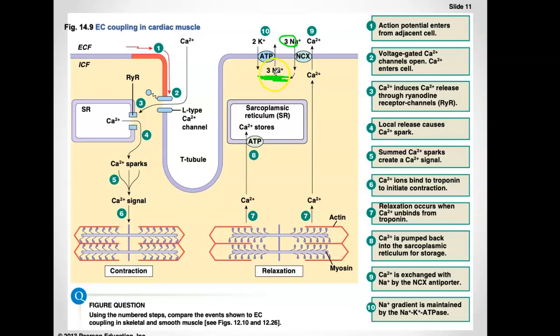So for every 3 sodiums that are pumped out, 2 potassiums are pumped back in again. And that's sort of the end. So you can imagine yourself back here again with another action potential. I now have enough calcium for this again to trigger another calcium release and a spark. And this sort of mechanism continues happening every time you have lub-dub, lub-dub, right? Contraction, relaxation, contraction, relaxation.